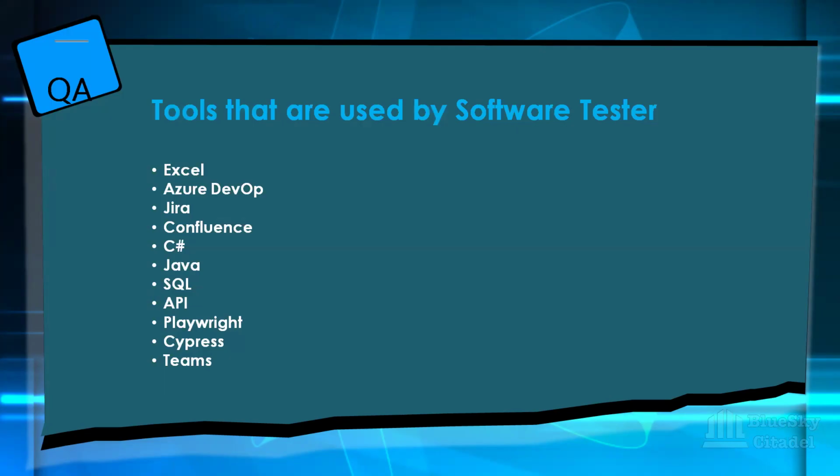Azure DevOps as your management tool, Jira as well as Confluence, C# for automation with Selenium, and Java. I think this cohort is C#. Anyway, Java and SQL, which is MySQL and the likes, API, Playwright, and Cypress, and Teams for communication. Next slide, please.